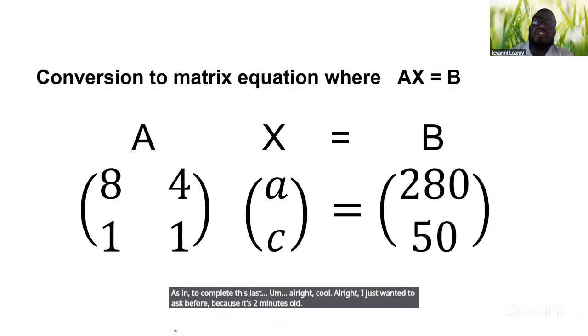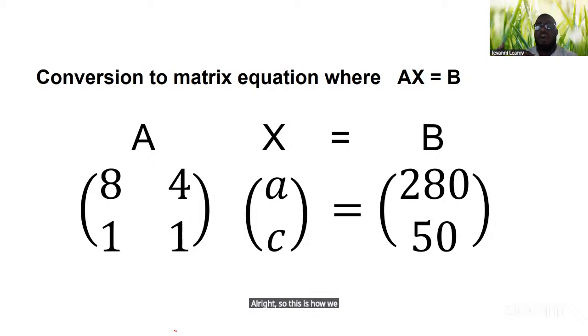All right, so this is how we write our simultaneous equations in the matrix equation form. So we have our matrix A, which is the coefficient of the unknown variables, and matrix X would be our unknown values, and matrix B would be the resultant matrix.